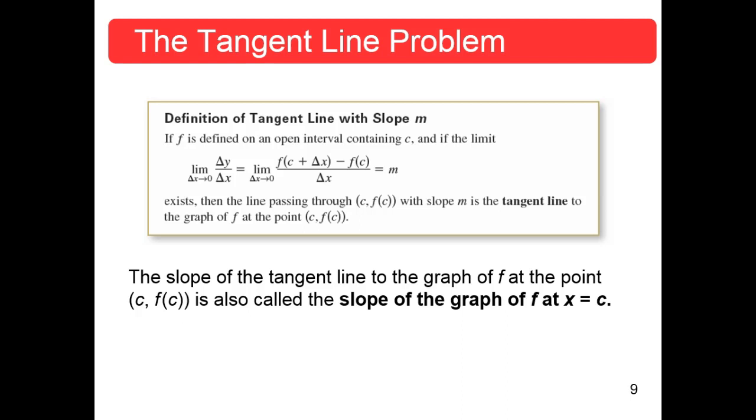If there was a discontinuity there and this never got any less than this, but this got closer to 0, that would be some value over 0 that would not exist. So the slope of the tangent line to the graph of f at (c, f(c)) is also called the slope of the graph of f at x equals c. Okay? Slope of the tangent line, x equals c, or the slope of the graph at that one point, x equals c.